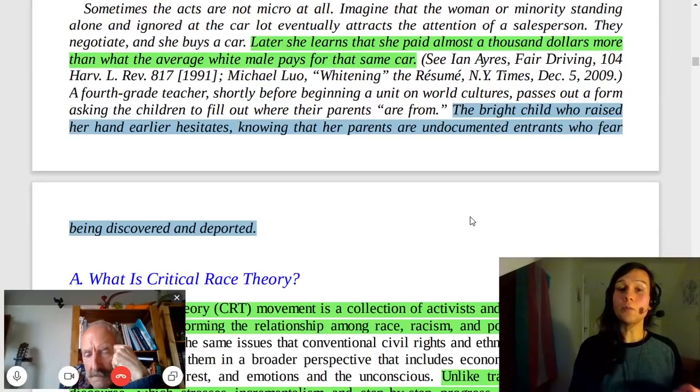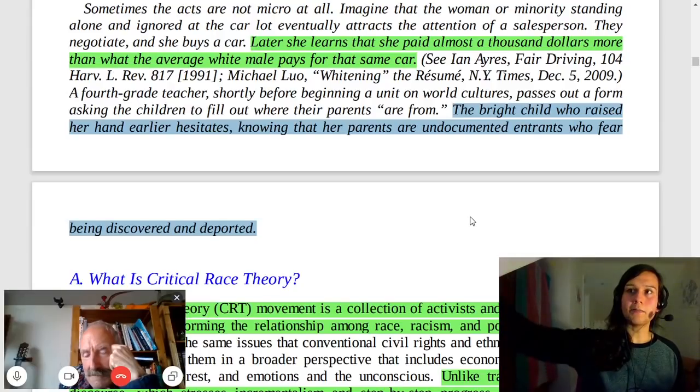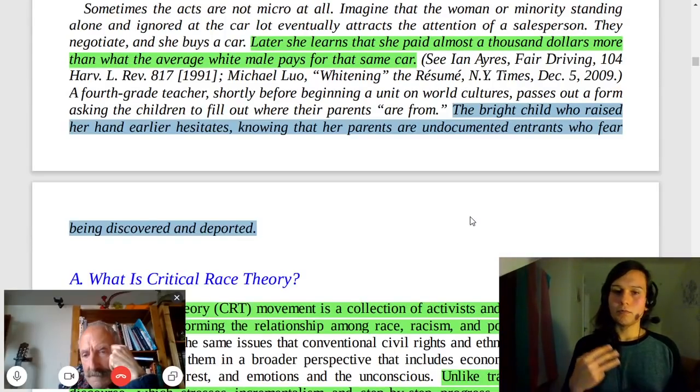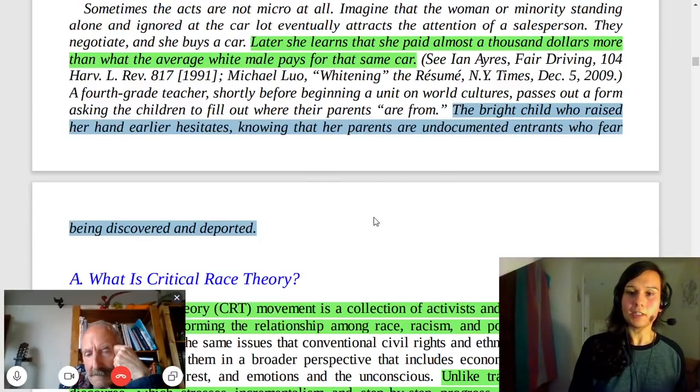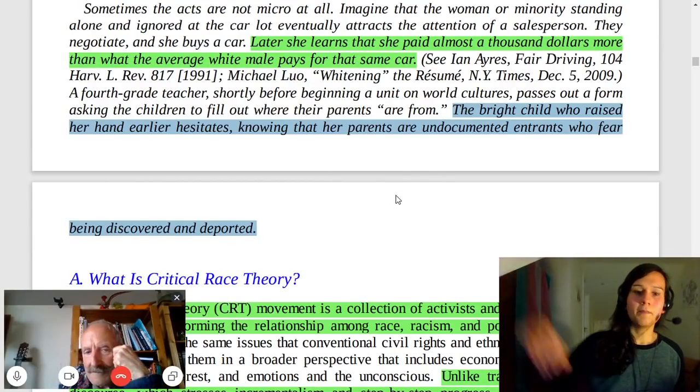Her parents may not be able to do that, because if they join the strike and protest for higher wages, the employer could out them to ICE and have them deported and ruin their whole family situation. So the factory owner benefits from having a system which racially and nationally discriminates against this child's parents, because then the child's parents can't ask for more money.